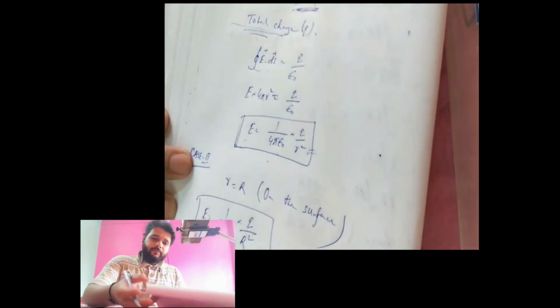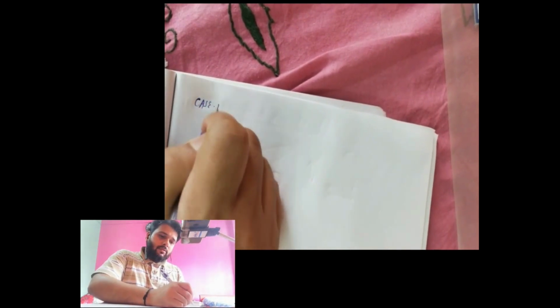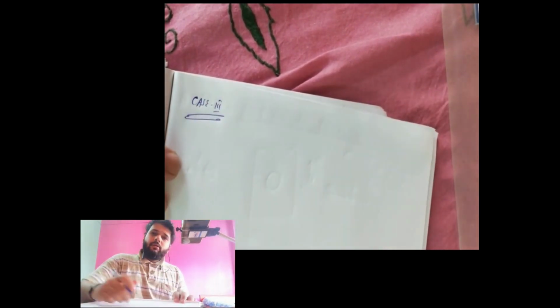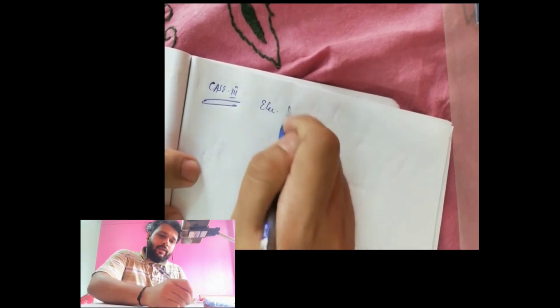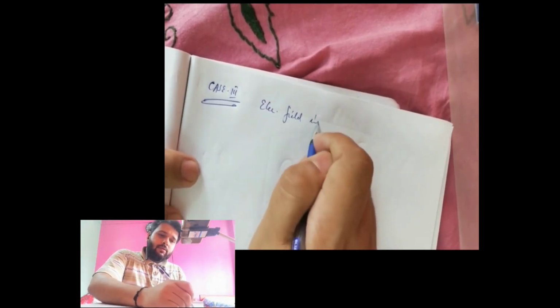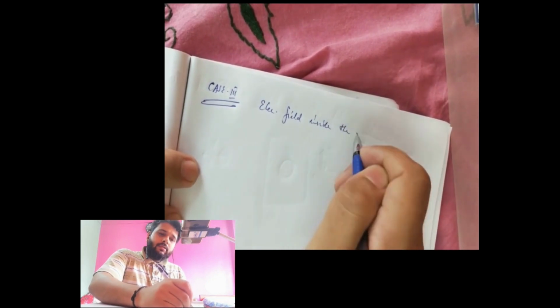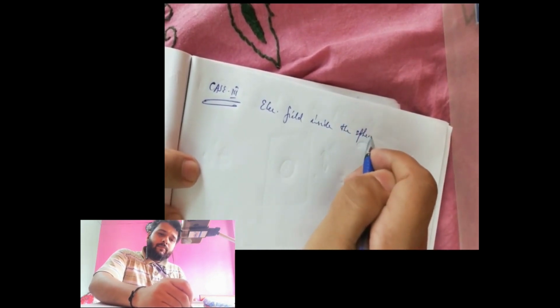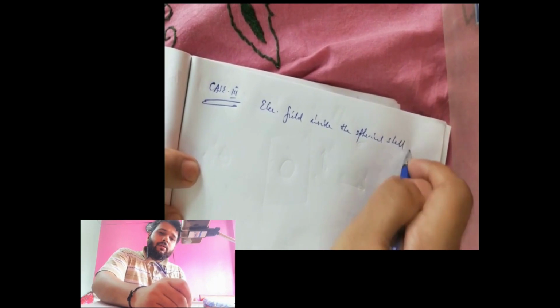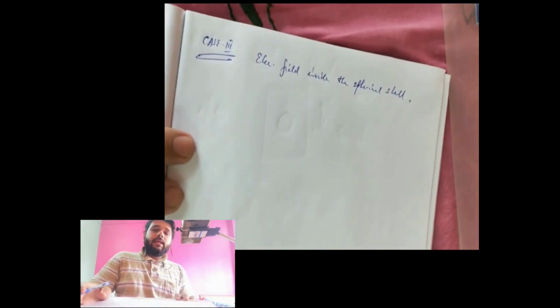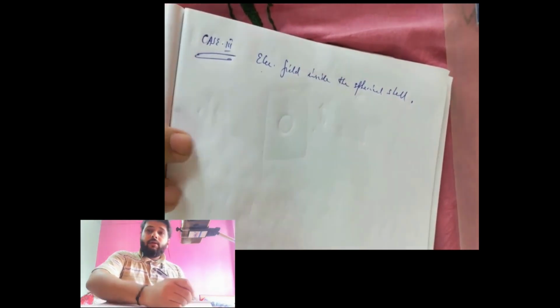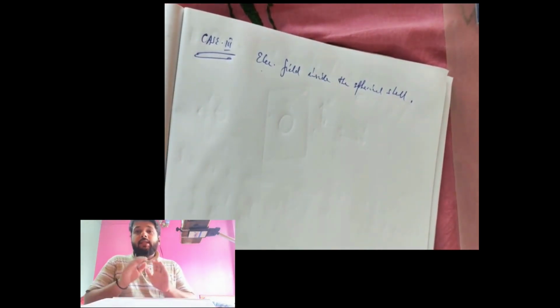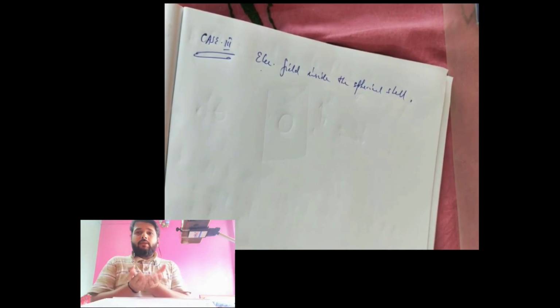Okay. Next, the third case, when we are going to find the electric field inside the spherical shell. Always remember, in a spherical shell the charge always resides on the surface.